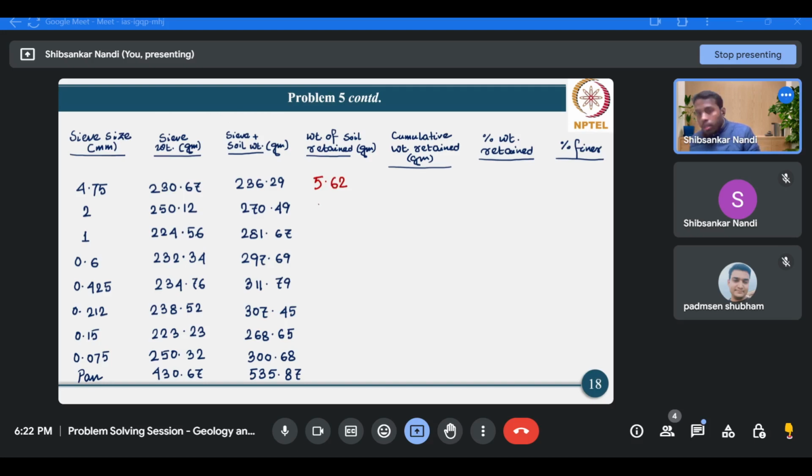So 5.62, then 20.37, then 57.11, then 65.35, then 77.03, then 68.93, 45.42, 50.36, and finally 105.2.